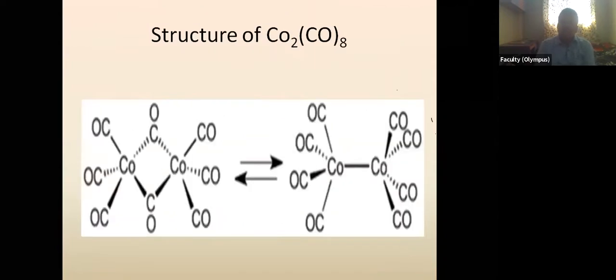Then this is the structure of Co2(CO)8, cobalt octacarbonyl. There are two types of structures for this cobalt octacarbonyl. These are interconvertible, in resonance with each other. In one, there are two bridging carbonyl groups, and in another isomer, there is no bridging carbonyl group, but there is a cobalt-cobalt bond.